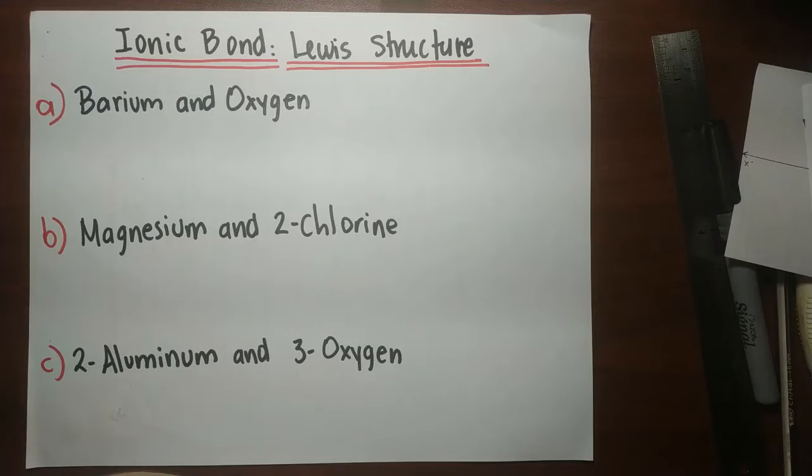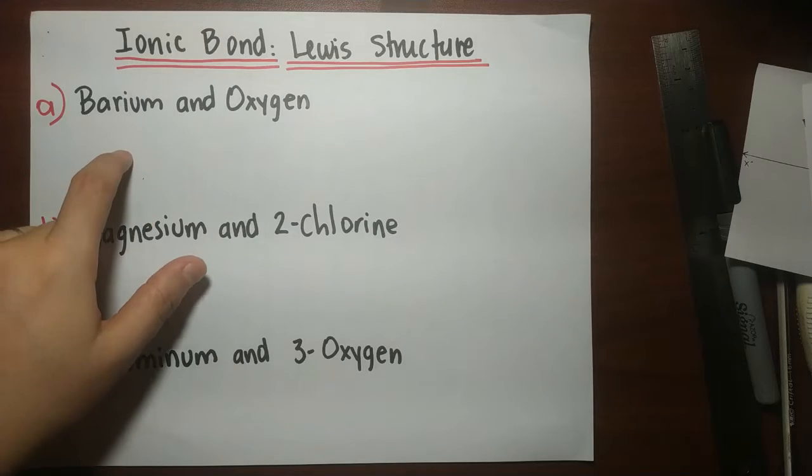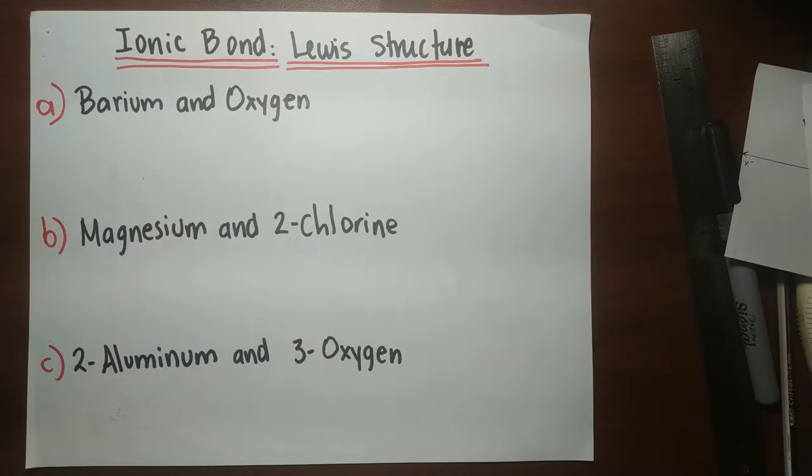One atom gains electrons and the other one loses. When it's about gaining or losing electrons, we talk about ionic bond, such as the one we have between barium and oxygen.